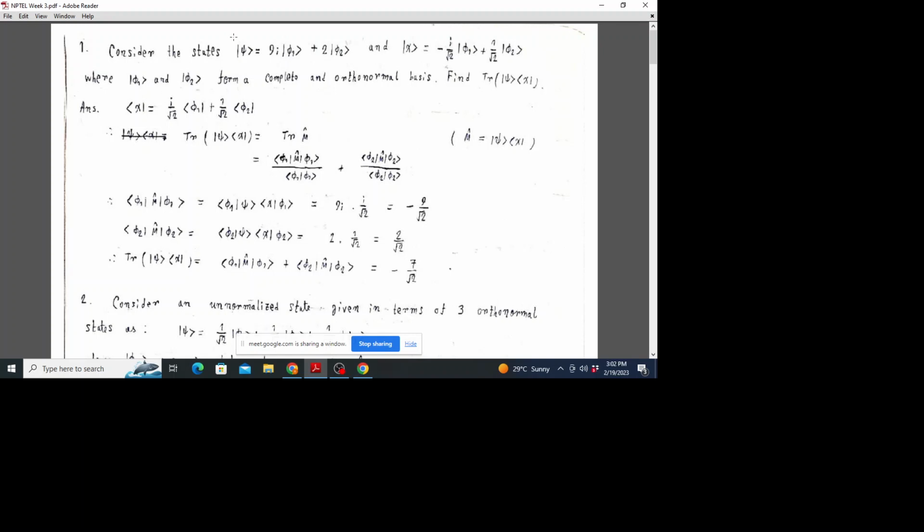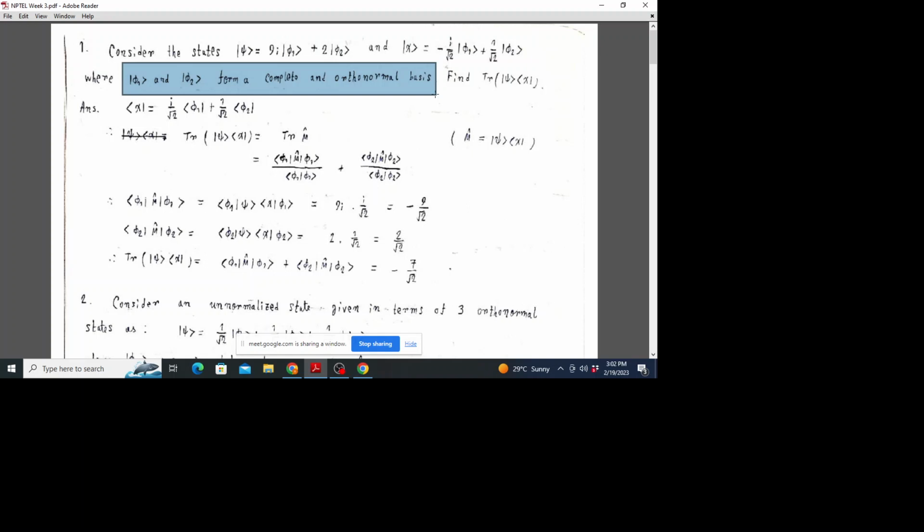You are given two states. One is this psi and another one is this chi. Both states are linear combinations of some phi1 and phi2 kets. These two basis kets are said to be forming an orthonormal and complete basis.